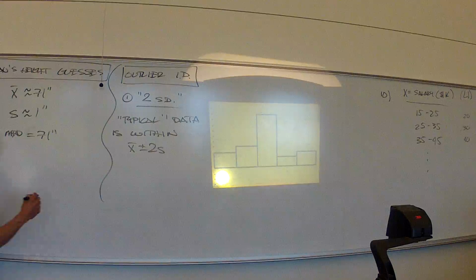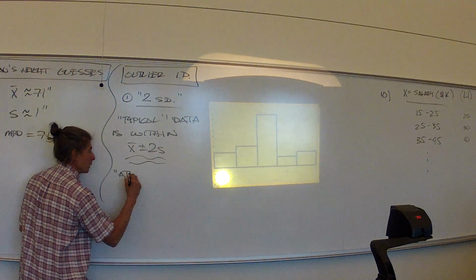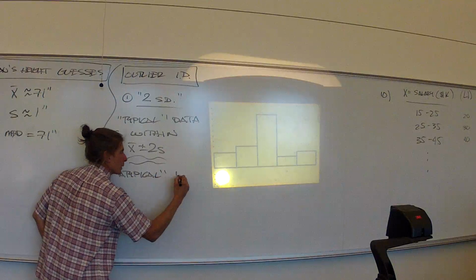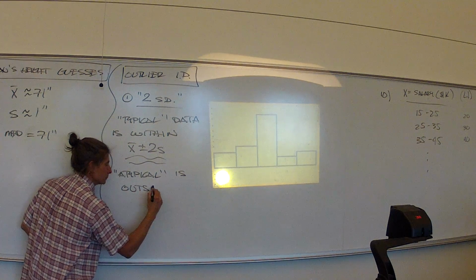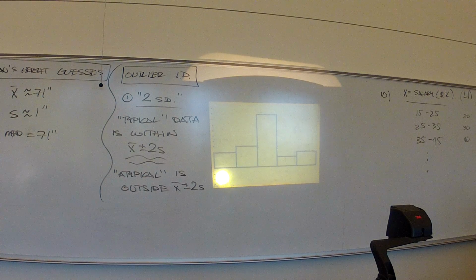So if typical data is within 2 standard deviations, that means atypical is outside. Our job is just to do a quick check on x bar plus or minus 2s: form the range of values that makes two standard deviations, and then see if there's any data that pops in or pops out of that. Make sense? Well, let's do it. Here's our data.